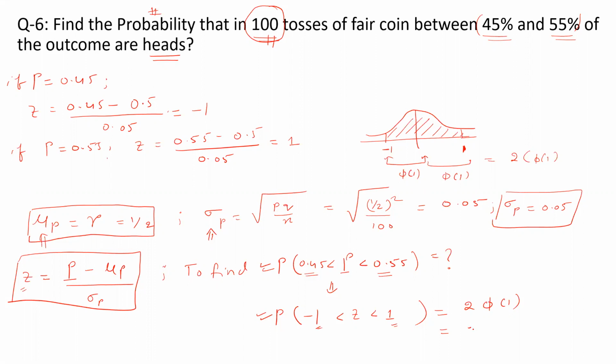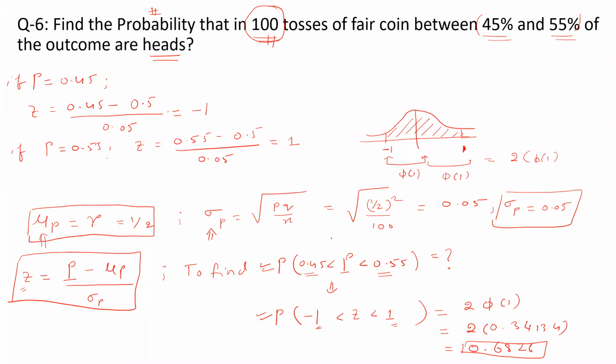So I'm getting this as 2 into 0.34134. When you multiply with 2, your answer will be 0.6826. So this is the probability we are looking for.